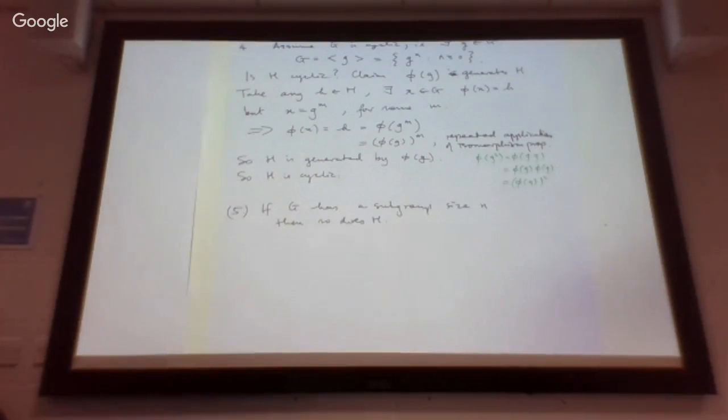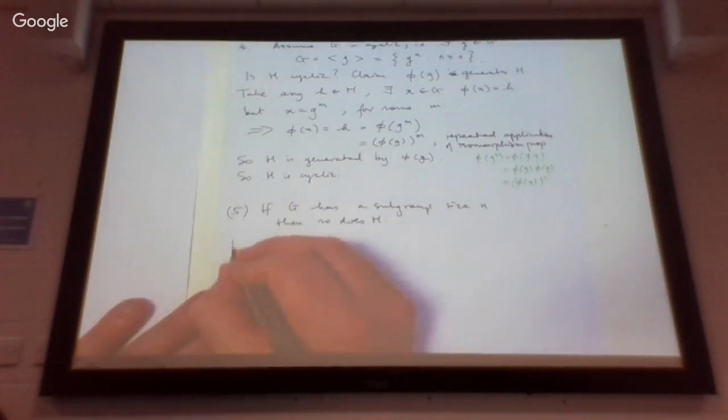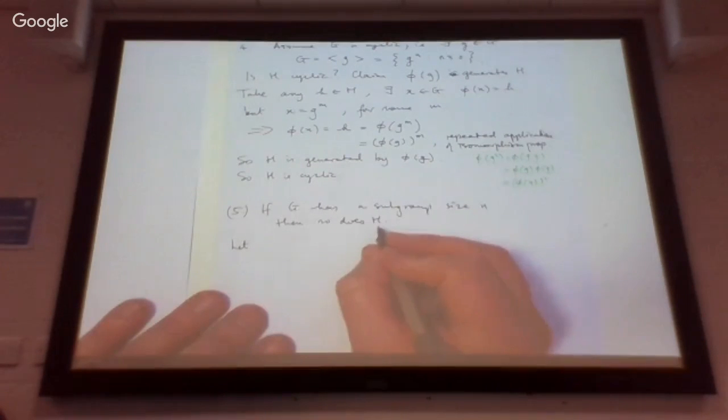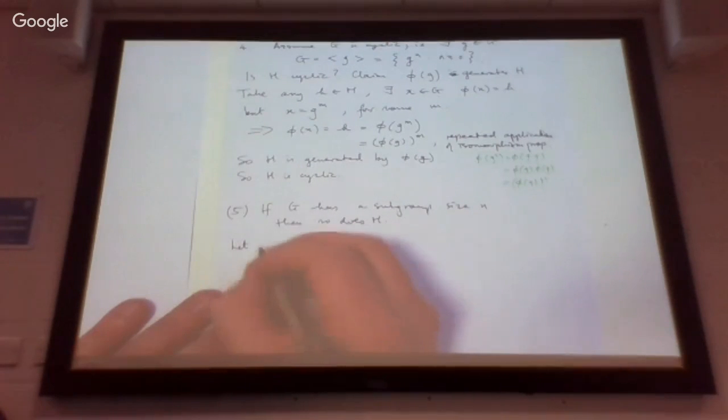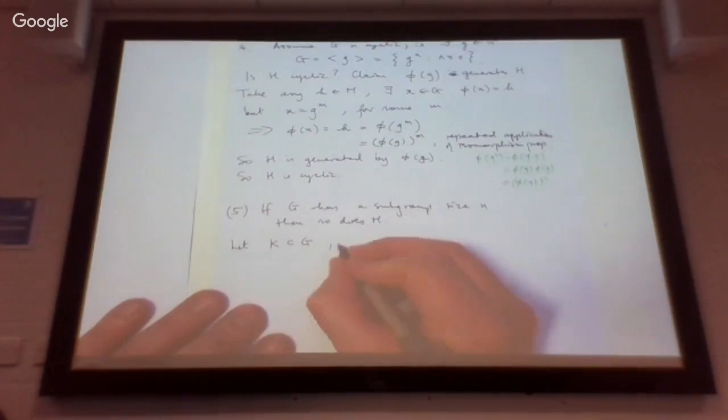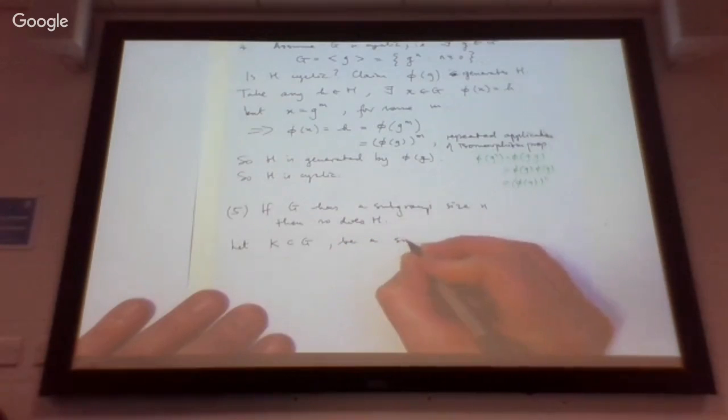So it's an if-then, so we prove it directly. Normally we call our subgroups H, but I can't do that, so we've got H over here, so let's call it K. We'll let K, which is contained in G, be a subgroup of size n.